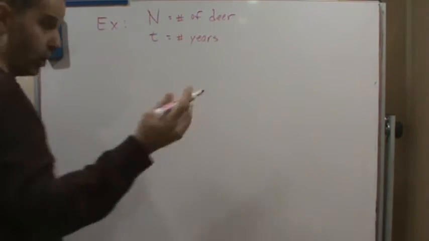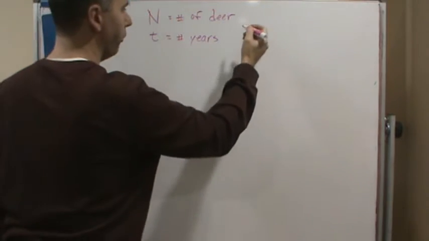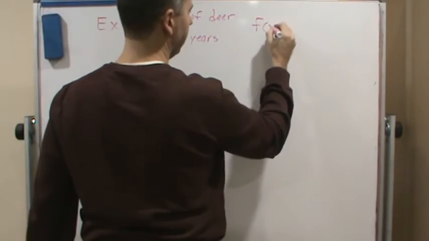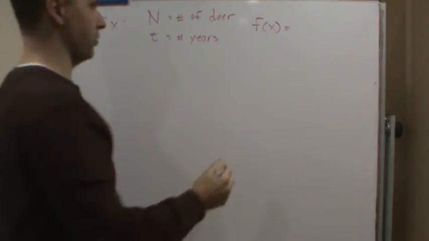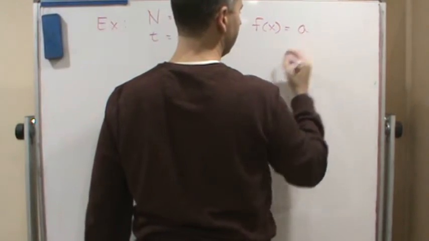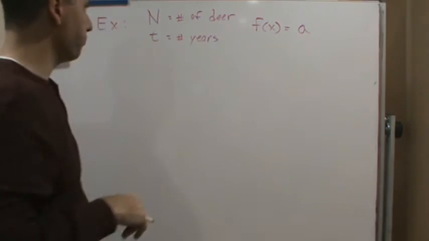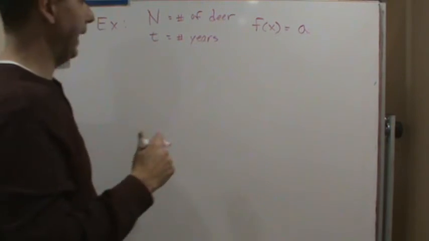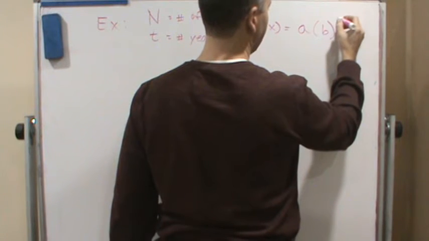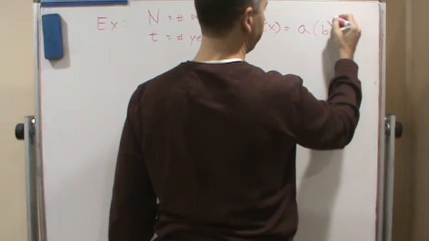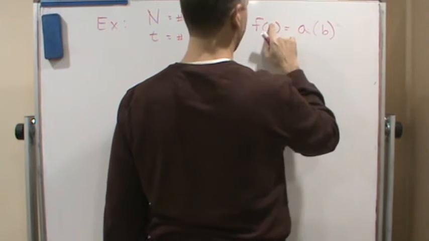And so we know it's growing exponentially, so we know that our model is going to have this form. It's going to have an initial population size, so it's going to have A, and then b to the t. We want to use t.